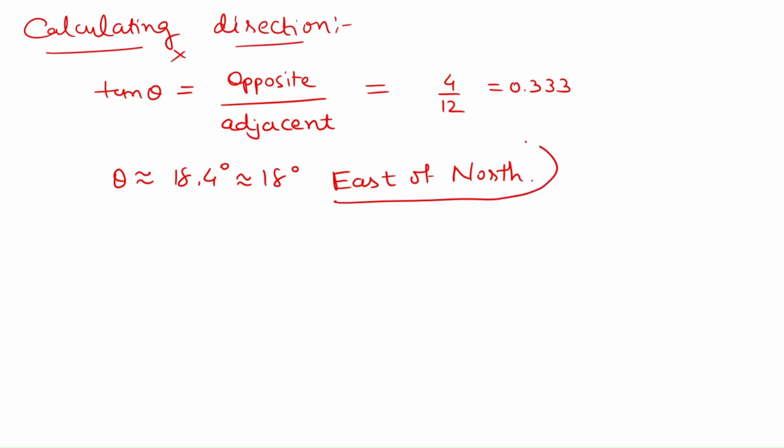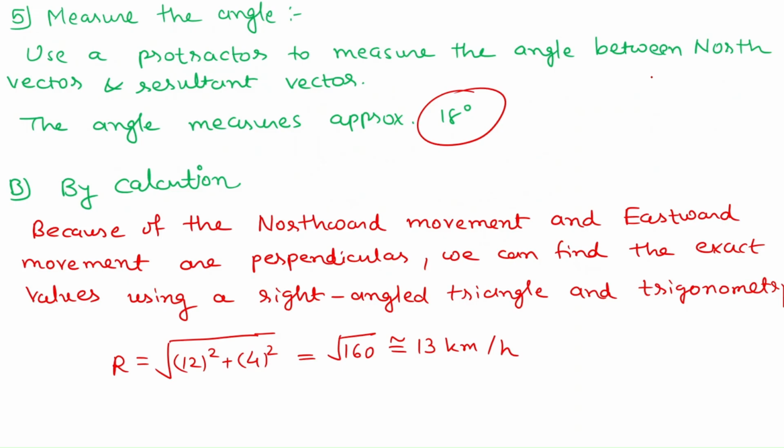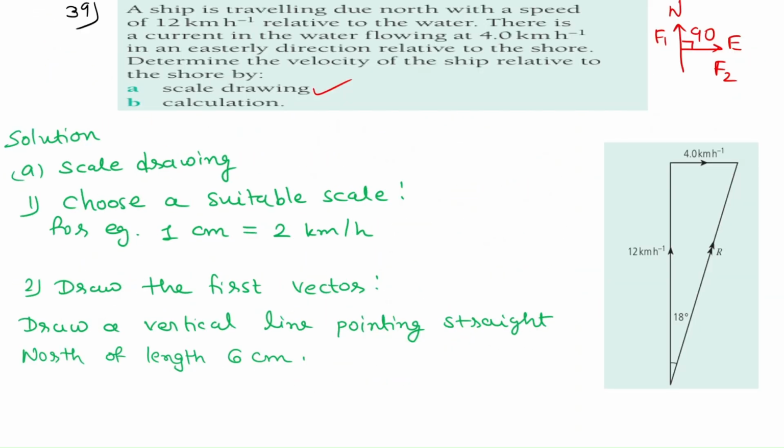And we have to mention east of north, meaning this direction. Northeast, you can say. Now this is all about question number 39, and in that question we saw how we use the scale drawing method and how we found the answer by calculation, and by the two methods we found the same result.